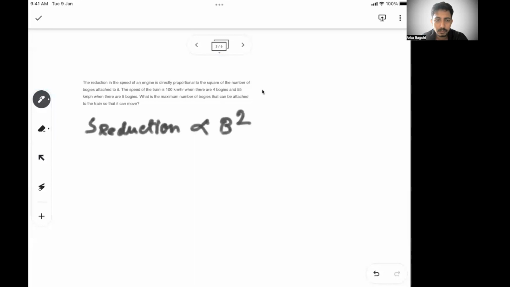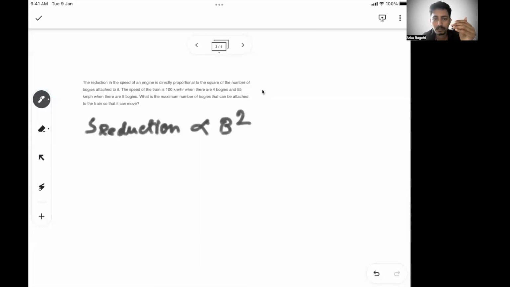They said the speed of the train is 100 kilometer per hour when there are 4 bogies, and 55 kilometer per hour when there are 5 bogies attached to it. What is the maximum number of bogies that can be attached to the train so that it can move?